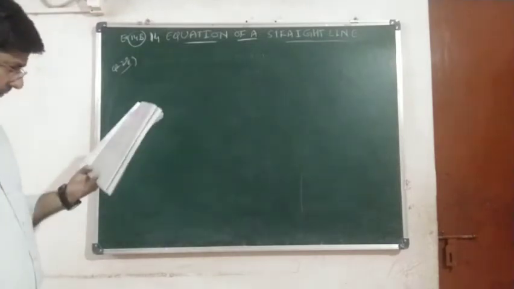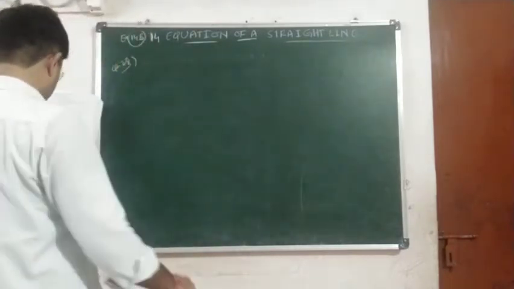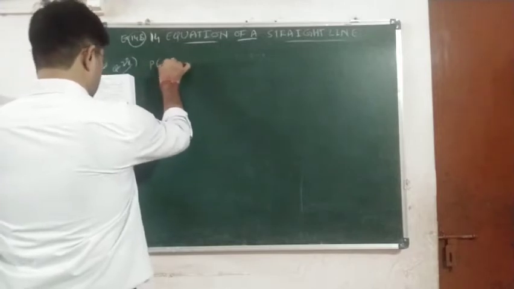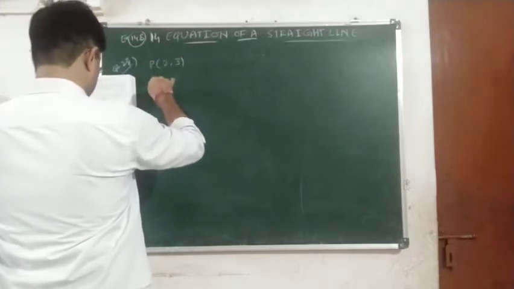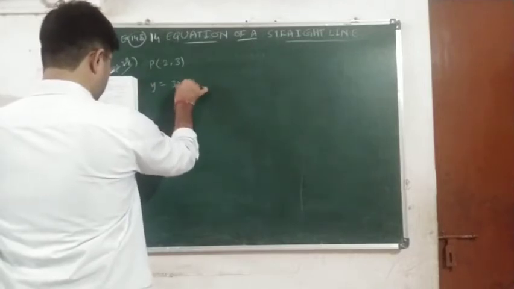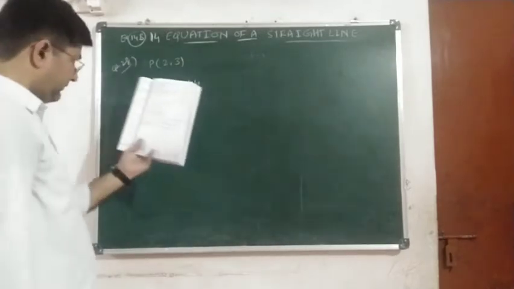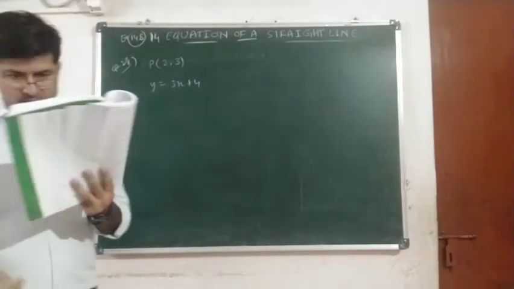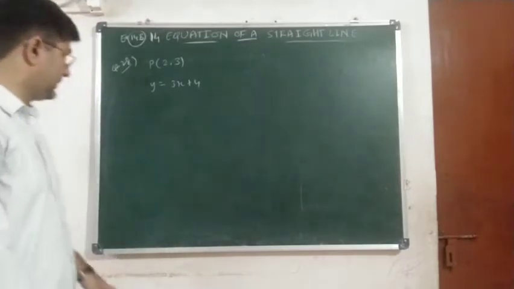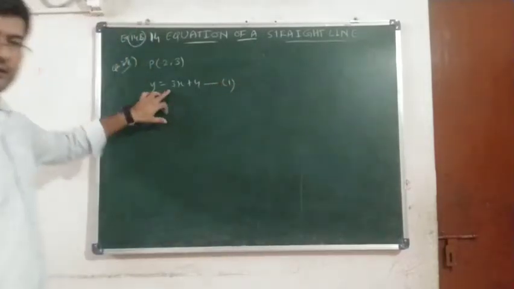Find the equation of the perpendicular drawn from the point P(2, 3) on the line y is equal to 3x plus 4. Now this is nothing new, but a repeated question with a repeated method, only the values are different. We have to find the equation of the perpendicular drawn and the foot of the perpendicular. So it is very easy. You are given a line, and the required line is perpendicular to this line.